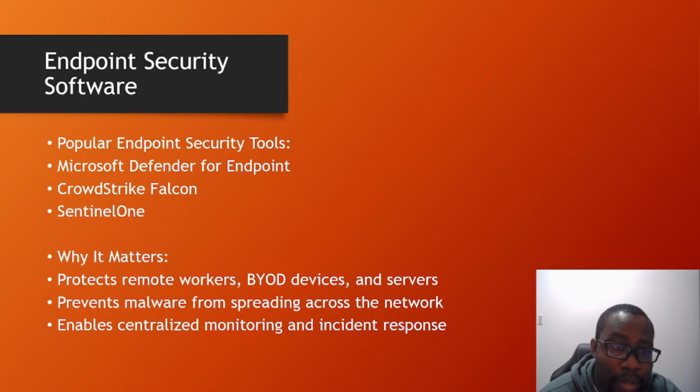All right. So why does this matter? This matters because you're protecting your remote workers, your bring-your-own devices, and your servers, it prevents malware from spreading across the network, and it enables centralized monitoring and incident response.